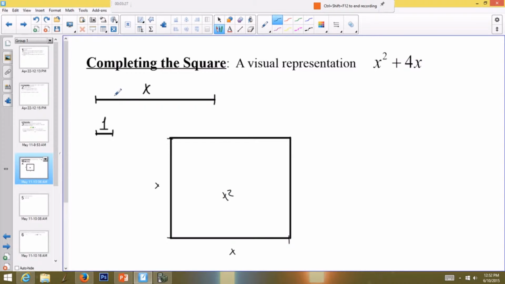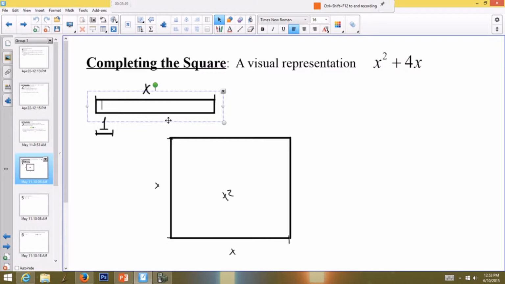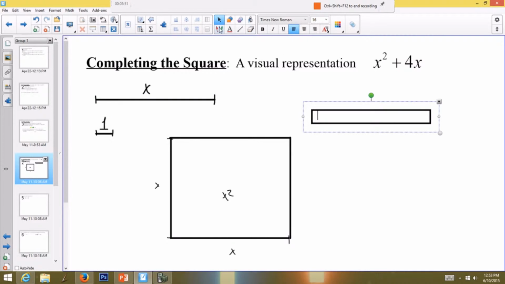If I take x times 1 and I make a rectangle that is this long by 1 unit wide, this rectangle that I have created is 1 by x. So x times 1, this has an area of 1x.